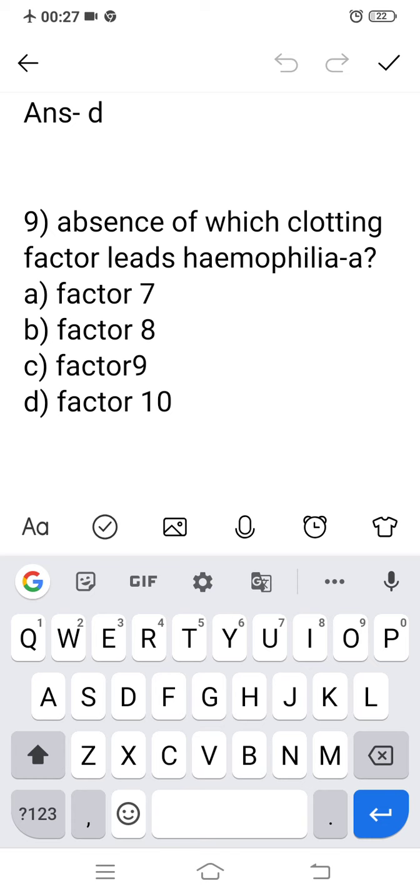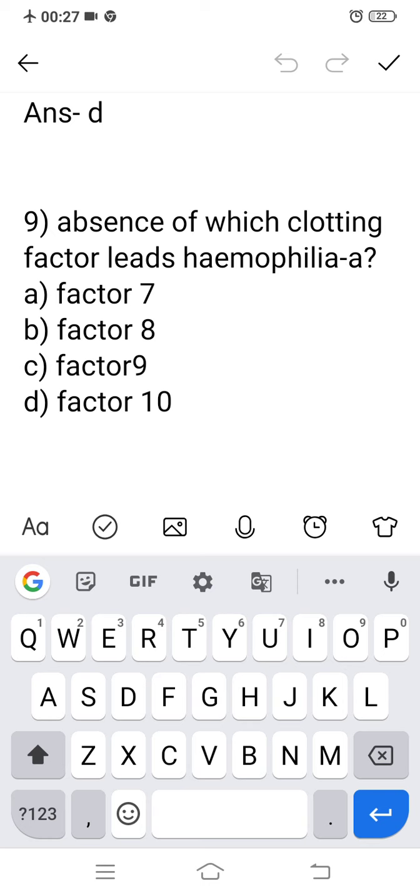What is the name of factor 9? Factor 9 means Christmas factor. Option D, factor 10, is the Stuart factor. So the right answer is option B, anti-hemophilic factor A.